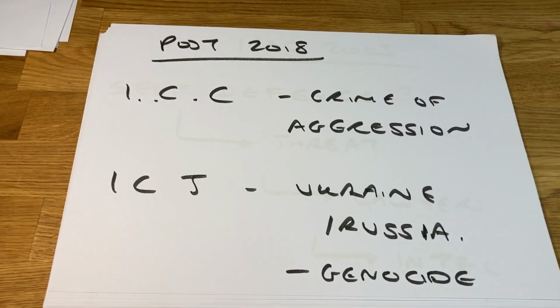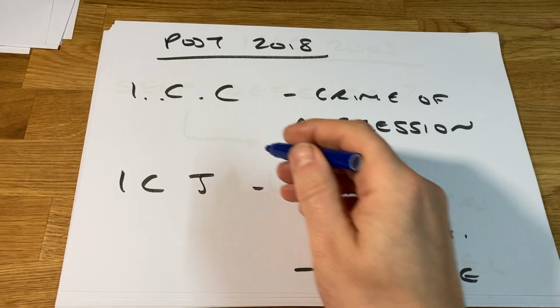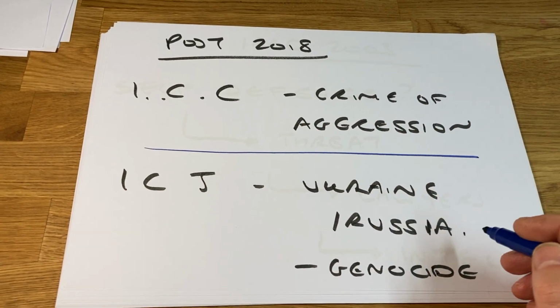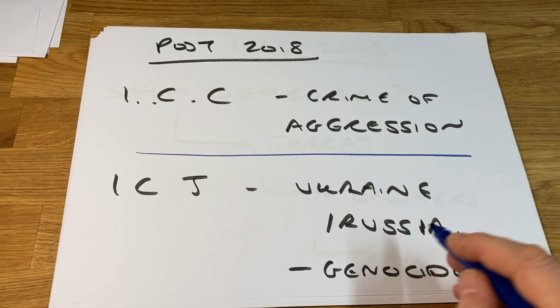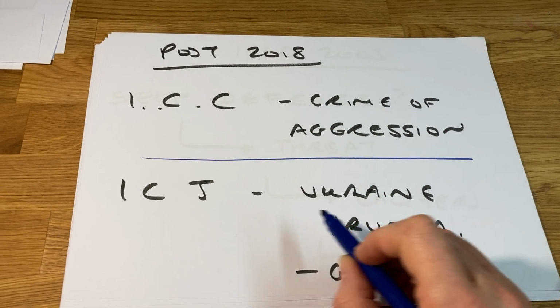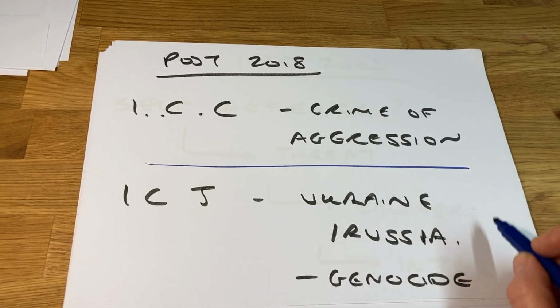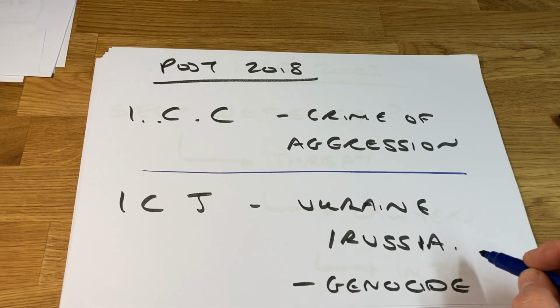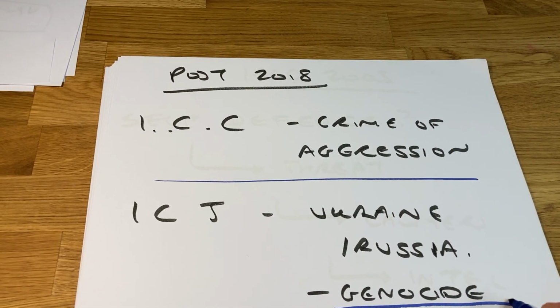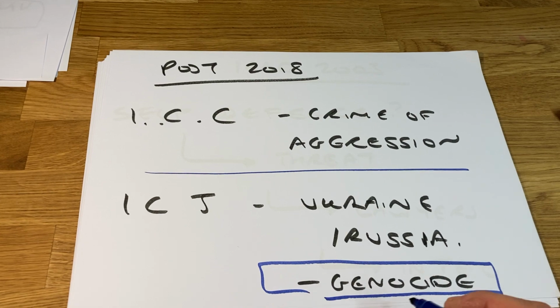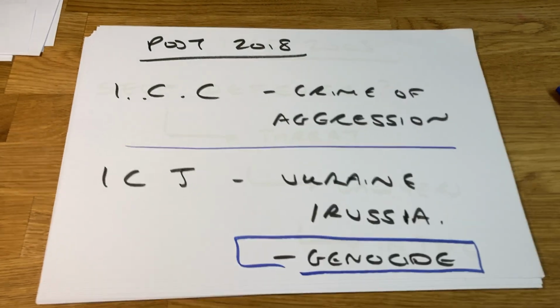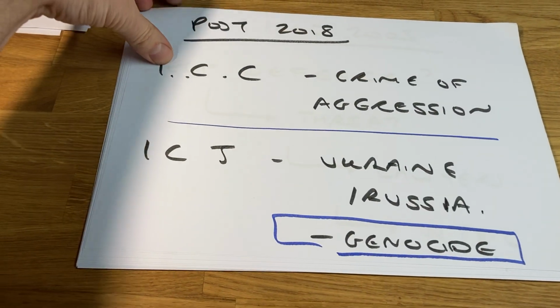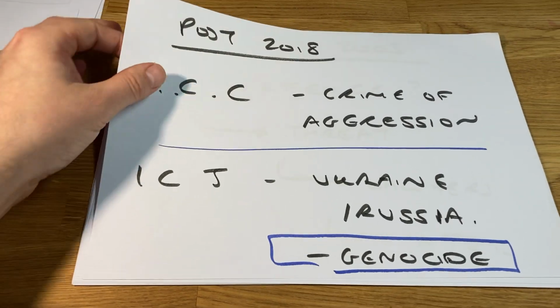Post 2018, the crime of aggression is allowed to be heard in the International Criminal Court. And there is the International Court of Justice, and there is currently a case going on where Ukraine has taken Russia to the International Court of Justice because of a complaint that Russia has abused the Genocide Convention to justify its actions in the Donbass.